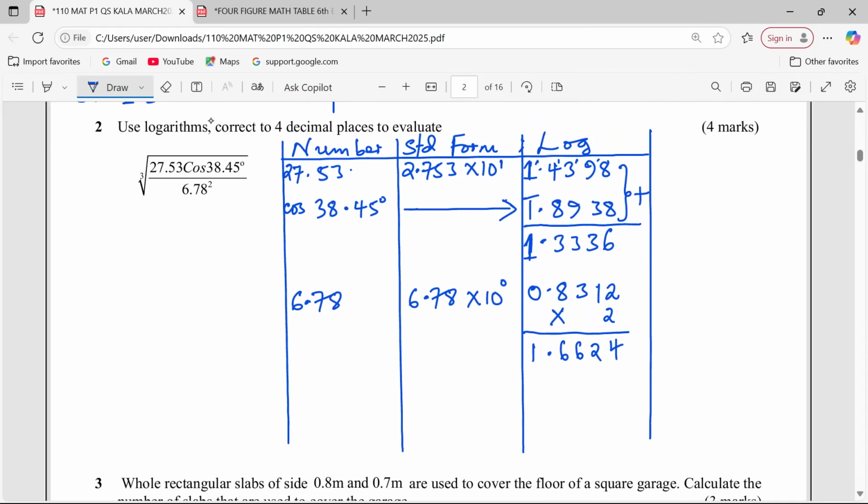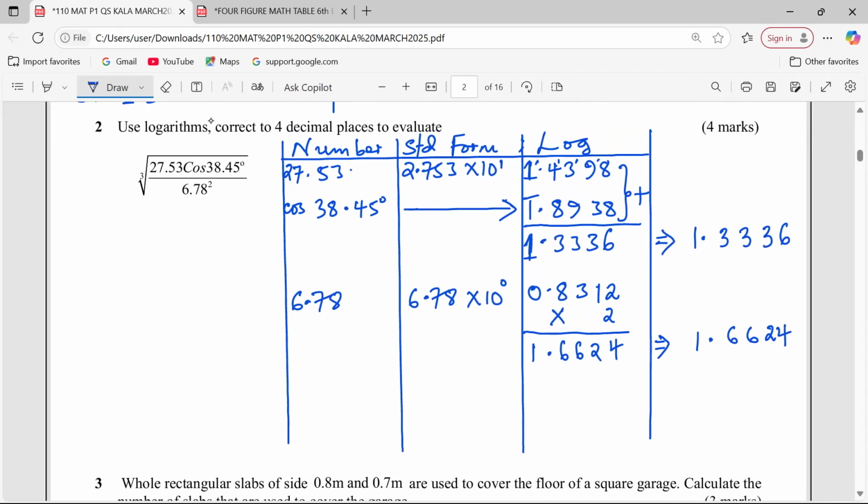Now, after squaring, whereby we multiply by the power, we have to consider that the numerator and the denominator have been divided. Therefore, the overall logarithm from the numerator, which is 1.3336, and the overall logarithm from the denominator, which is 1.6624.